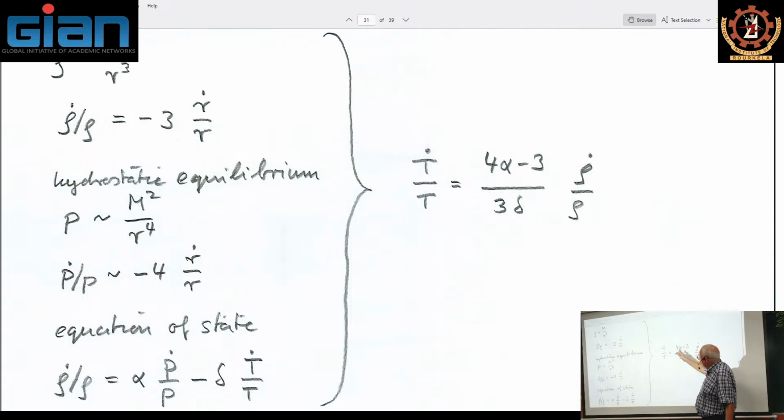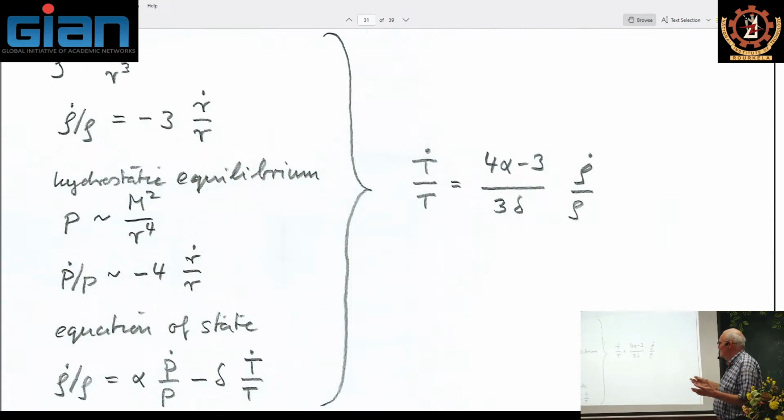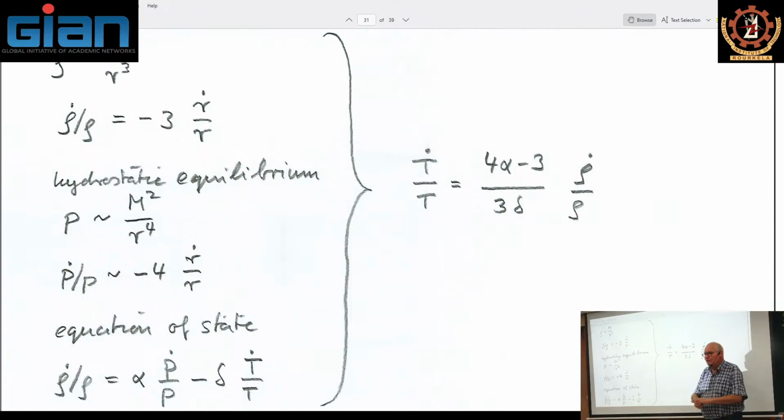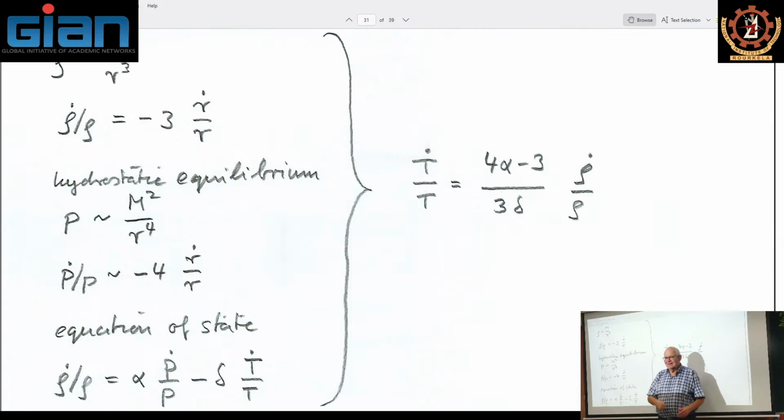So how the temperature changes with time in relation to rho dot over rho. Rho dot over rho is positive because density increases, and this depends sensitively on the coefficients of the equation of state, in particular on alpha and delta.